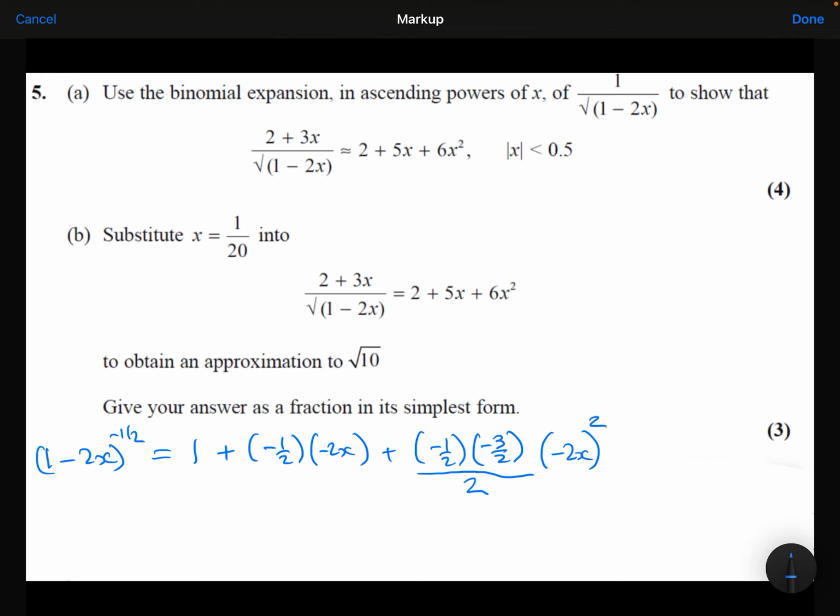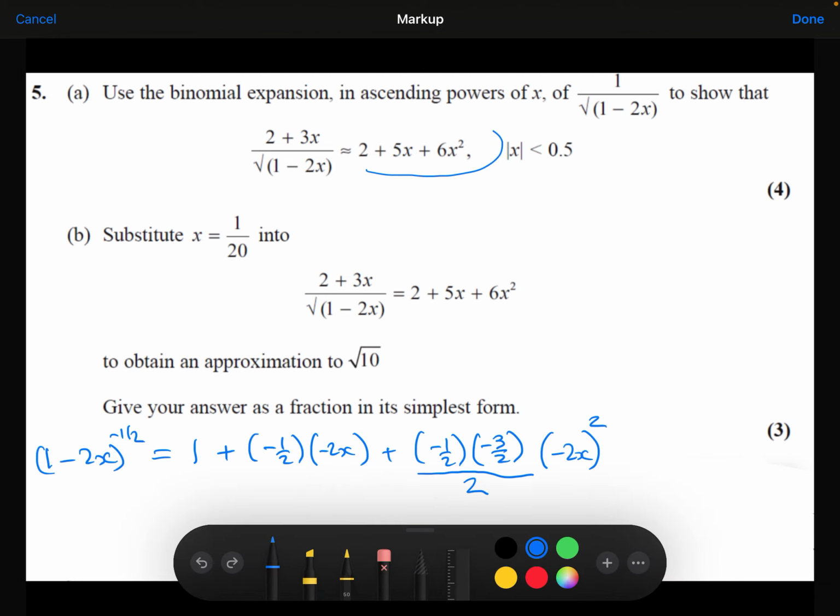And that's all I'm going to need here. I only actually need to go up to the squared term. I don't need to include any other terms after that, so I'm going to stop at that point.